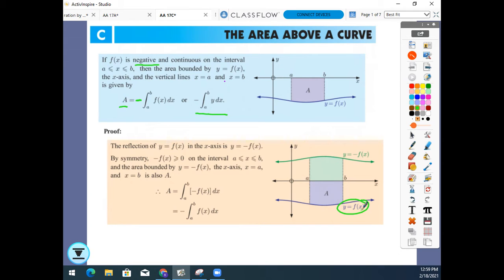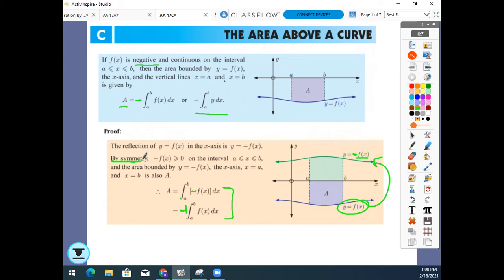If we reflect it above the x-axis, it's just the opposite of the function. So area is going to be the integral, once we moved it above, of the opposite of f of x. And this is like a constant, -1, that can be pulled out in front of the integral.